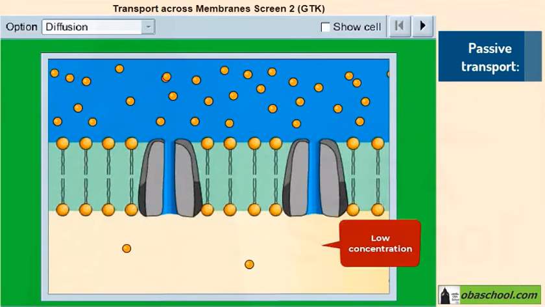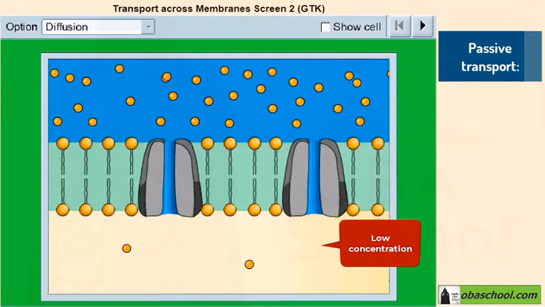But the question is, what can you see happening when the concentration becomes the same on both sides? Well, actually, there are equal number of particles that are passing in both ways. The particles are moving in opposite directions.